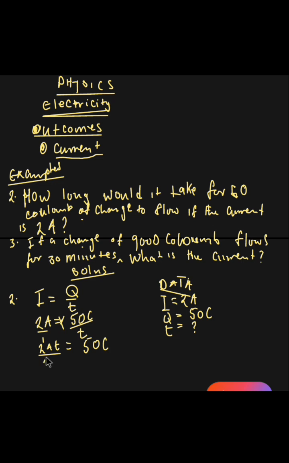Then we divide both sides by 2. So 2 into 2, 1, 2 into 2, 1. So we'll remain with T, and 50 divided by 2 is 25. And what are the units for time? Seconds. So our answer is 25 seconds.